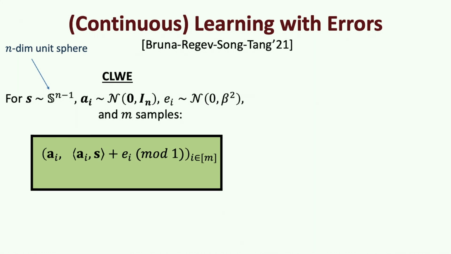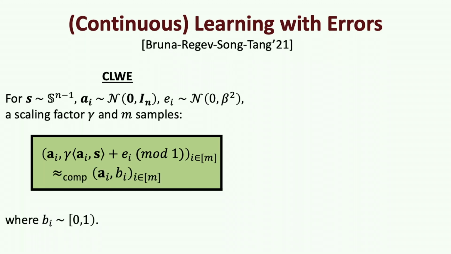So that's the continuous LWE distribution, the thing I wrote inside the box. There's a scaling factor which we'll get to later. The problem is to distinguish this from i.i.d. Gaussians, where a_i is still Gaussian and b_i is randomly chosen from the torus.